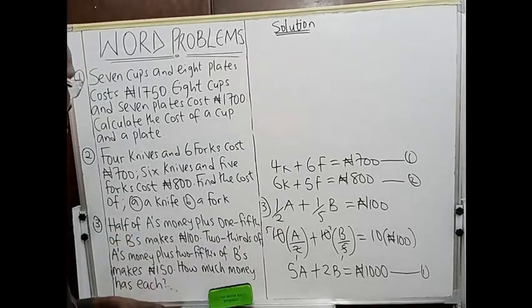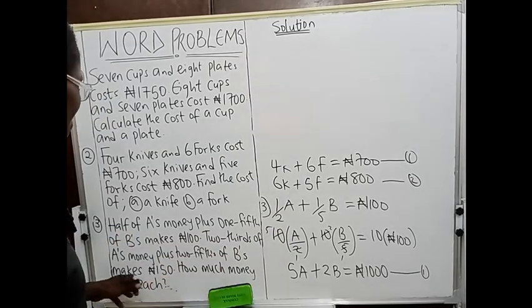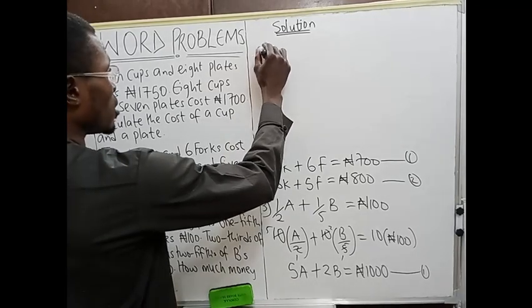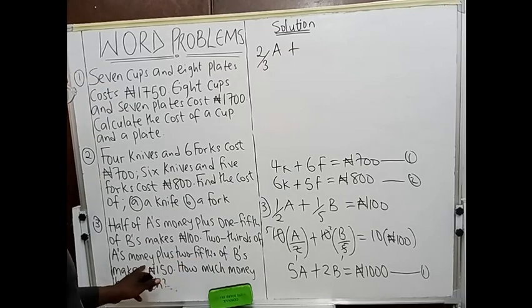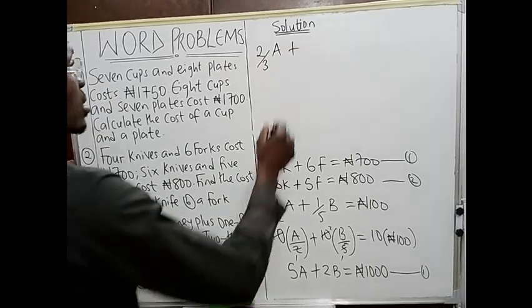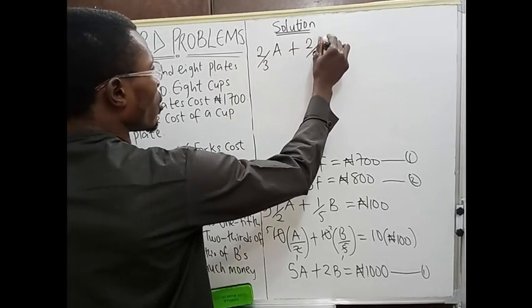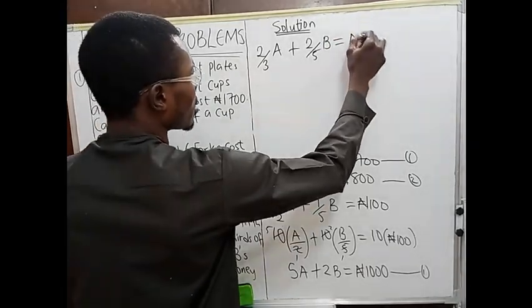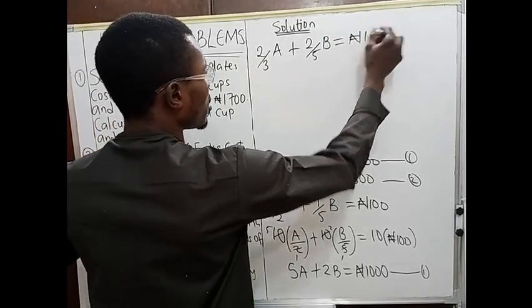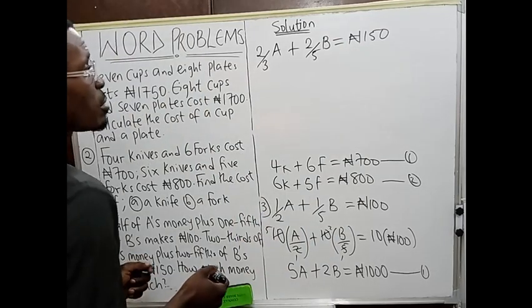Now for the second part of the statement, we're told 2/3 of A's money plus 2/5 of B's money makes 150 naira. To clear fractions, the LCM is 15.